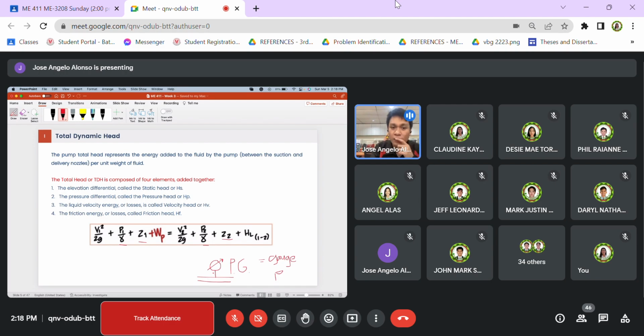And again, the liquid velocity energy or losses is called the velocity head. So for an incompressible fluid like water, we know that the volumetric flow rate going inside is equivalent to the volumetric flow rate going outside, or the discharge port. So to get the velocity, Q is equivalent to area multiplied by velocity.